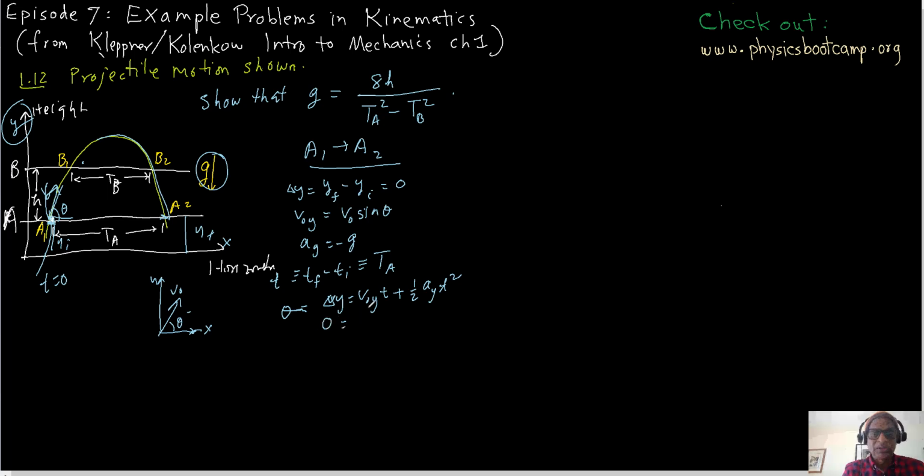So 0, v0y is v0 sine theta, and ta plus half ay ta squared. So now you can take ta common, and this is minus g.